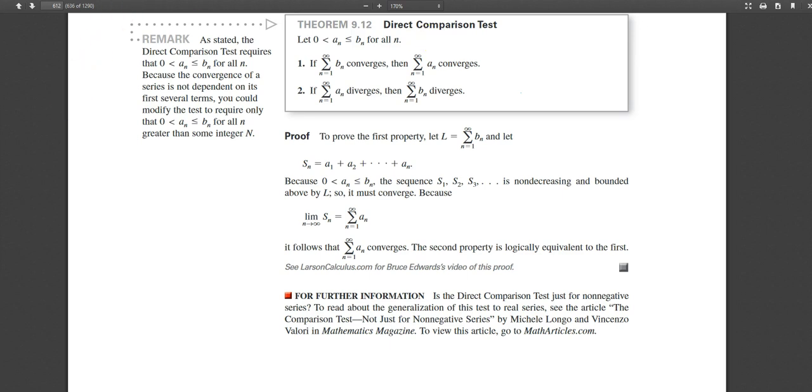So let's take a look at this example. Let's determine if this series converges or diverges. All right. Now, we have to decide, do we think this converges or diverges?